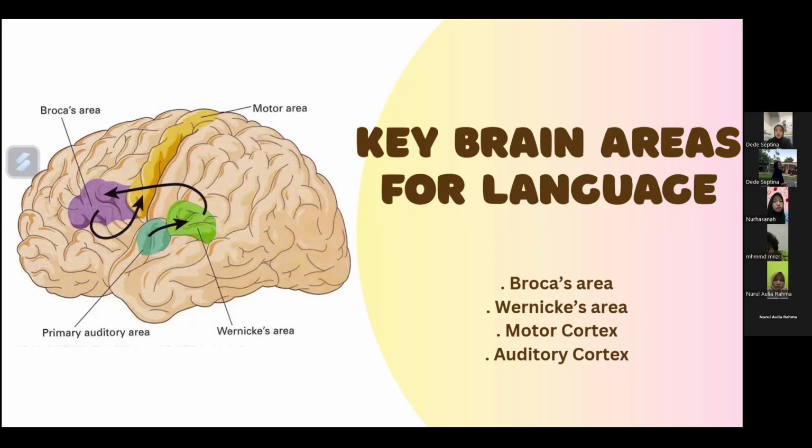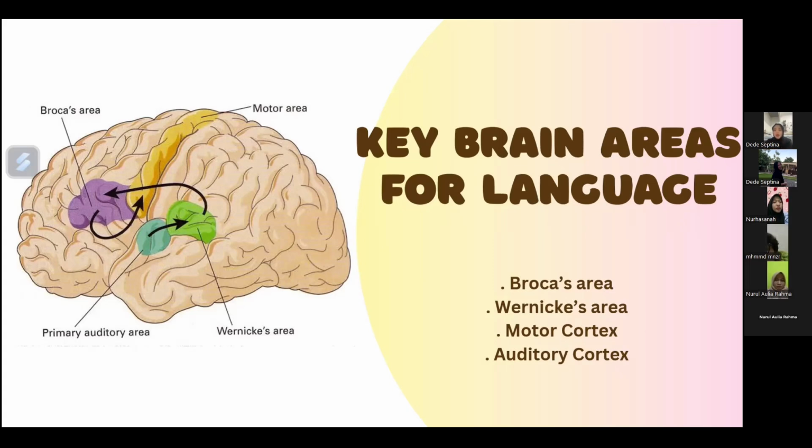They connect different language areas and help us coordinate speech and comprehension. So these areas work together to help us use language. This means language is not controlled by just one part of the brain, but by a network of connected areas.